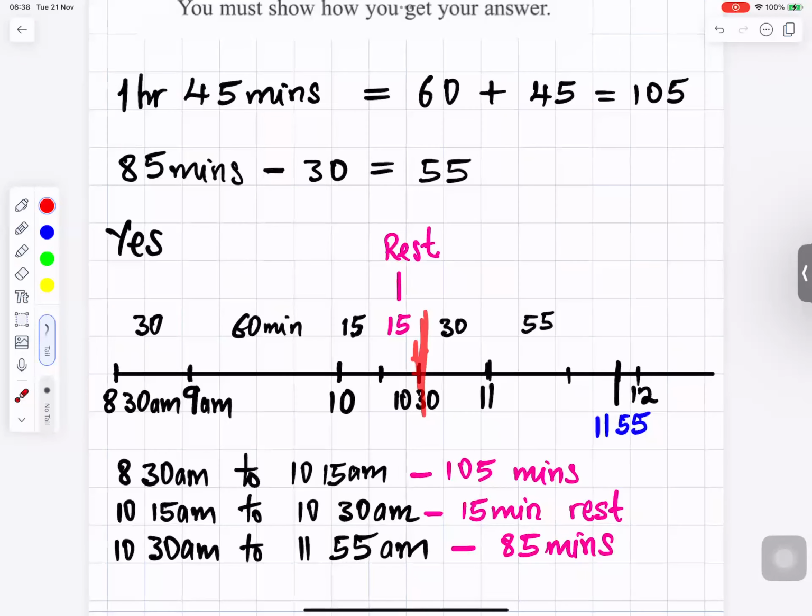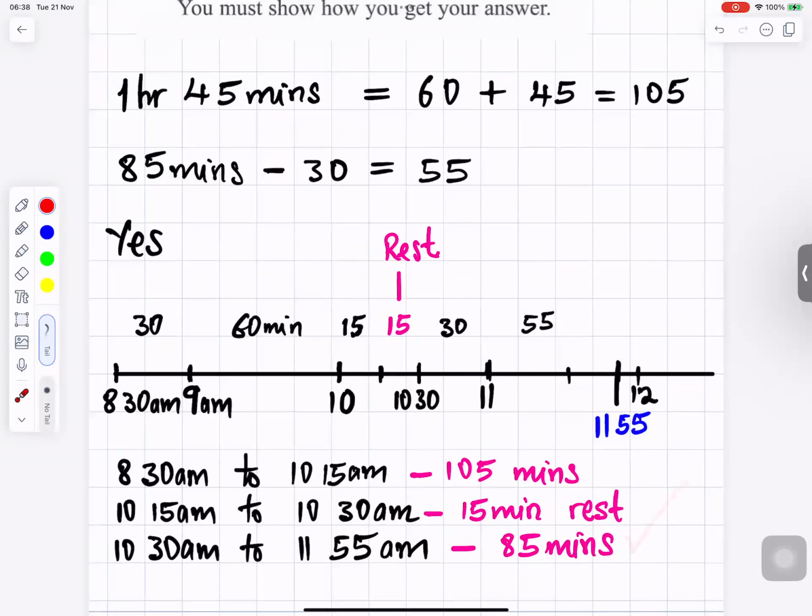So you're at 10:30 now, and that's your rest there. From 10:30 now, you have until 11:55. 10:30, another 30 minutes takes you to 11 o'clock. And then plus 55 minutes to 11:55. So what's 30 plus 55?